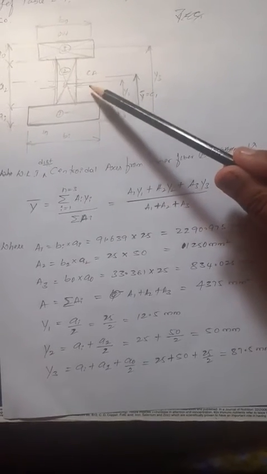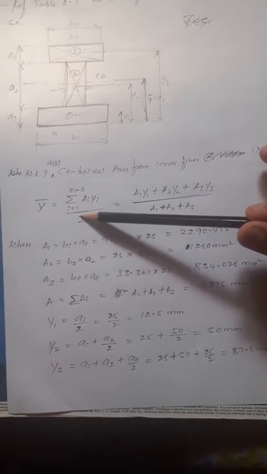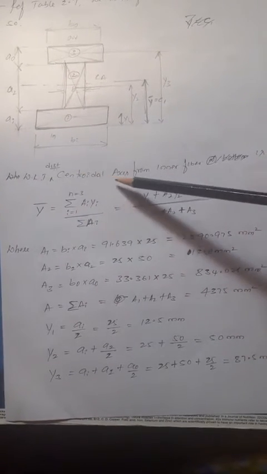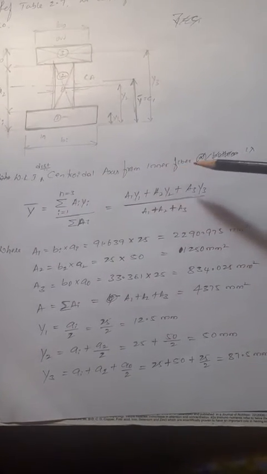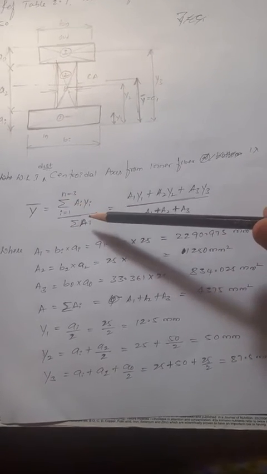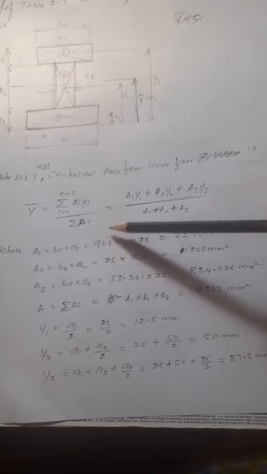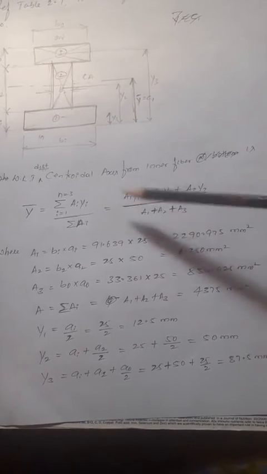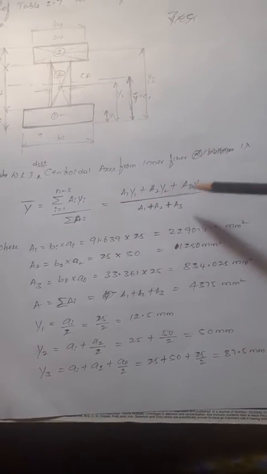You know the well-known formula: the distance of the centroidal axis from the inner fiber, y bar, is equal to the vector sum of Ai Yi divided by the summation of Ai, right? This is the equation because three flanges are there.